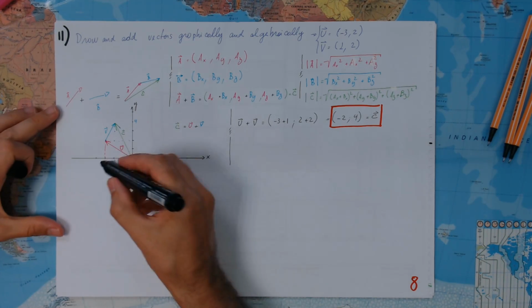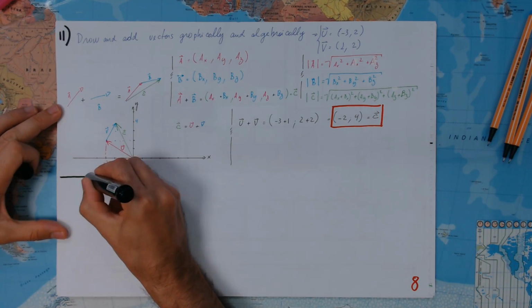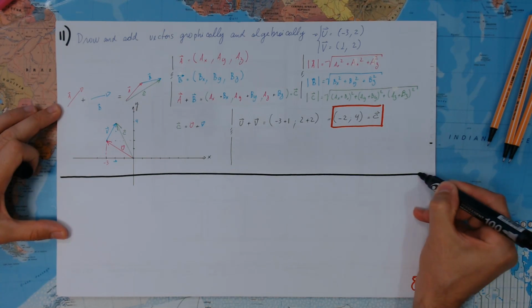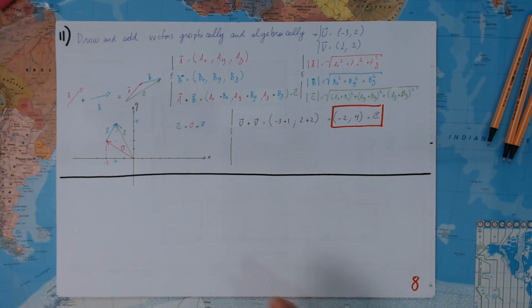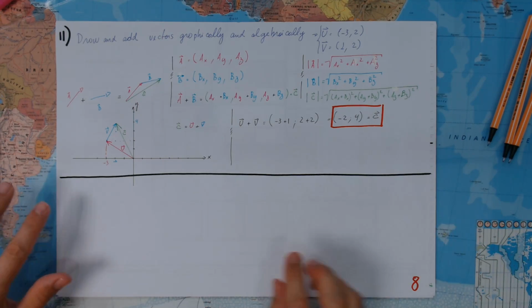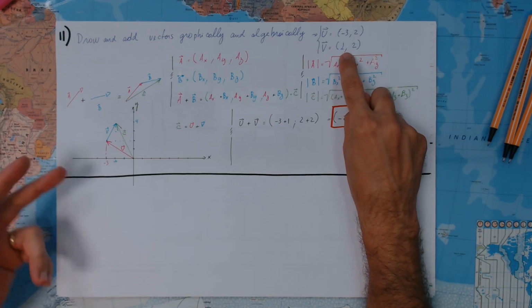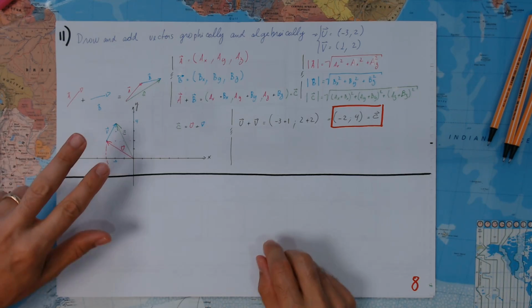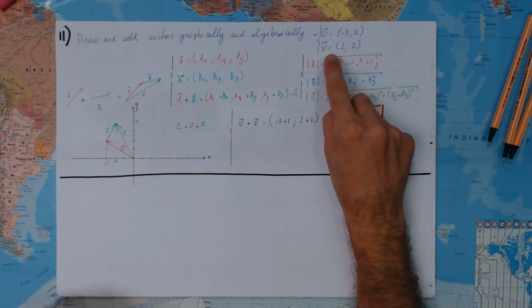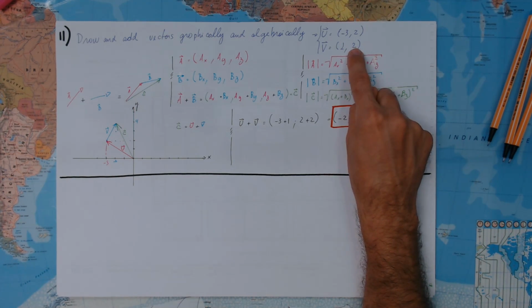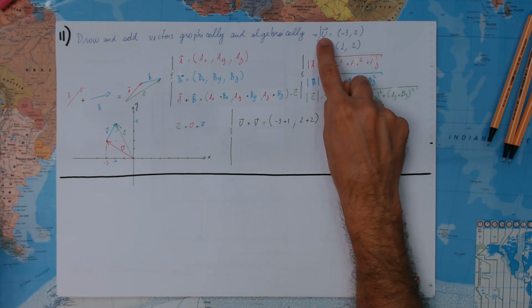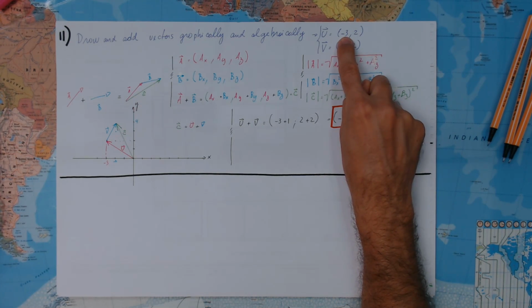I always love to draw vectors. It's very nice to draw them. And just one thing: when we have a minus v, we put a minus on everything. Minus v would be minus 1, minus 2. Minus u would be plus 3, minus 2.